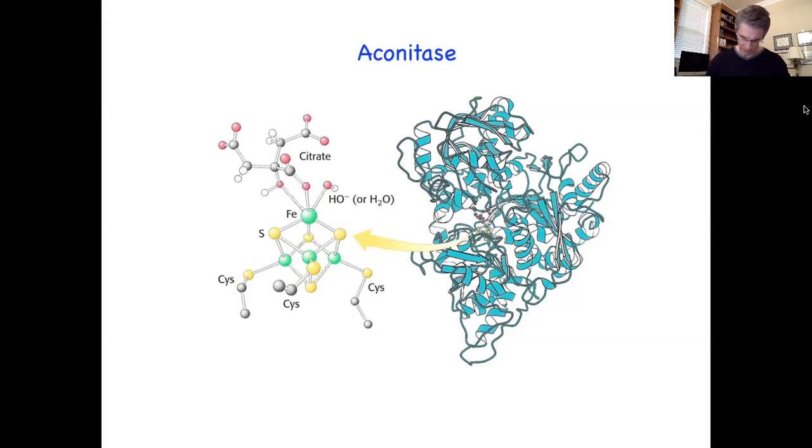So here's aconitase, the enzyme. There's the active site. Right down in the active site is this cubic arrangement of 4 iron atoms and 4 inorganic sulfurs, with 3 cysteine residues providing additional sulfurs to coordinate some of the irons in this sort of iron-sulfur cubic arrangement.